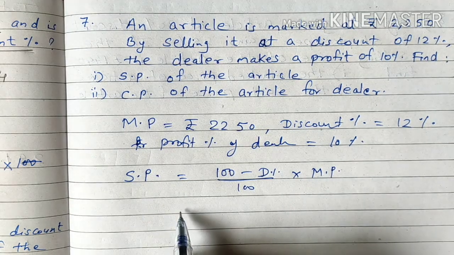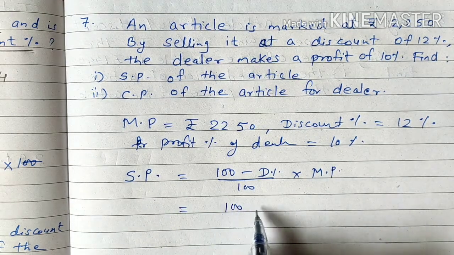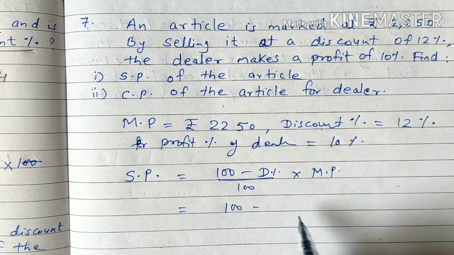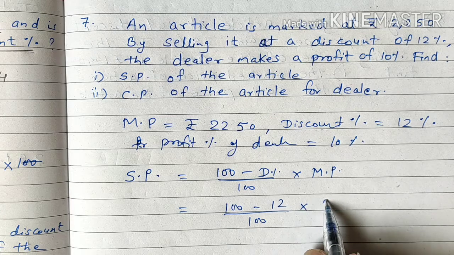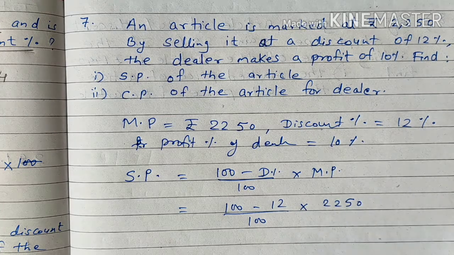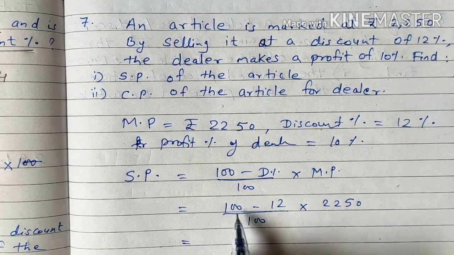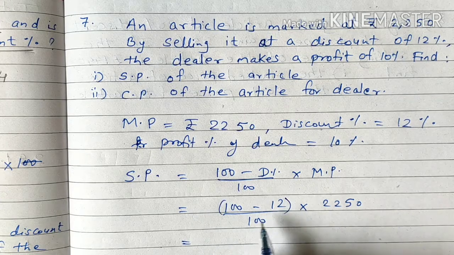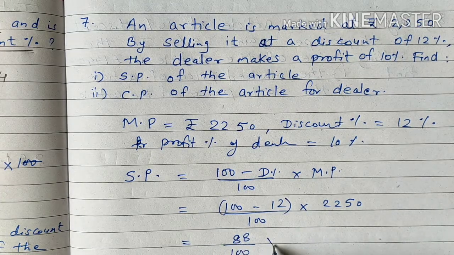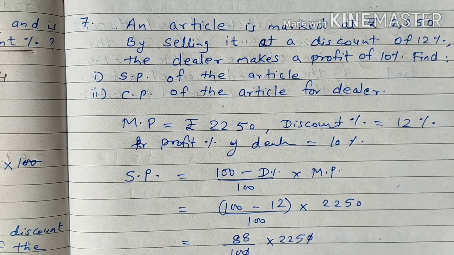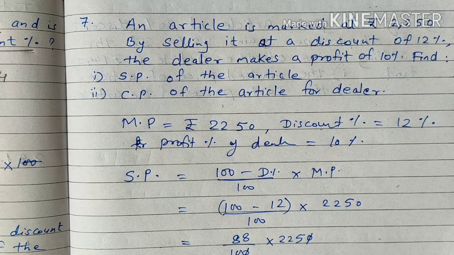So 100 minus the discount percent of 12 upon 100 multiplied by market price. Got it? First we will do the subtraction. It gives us 88 upon 100 multiplied by 2250. The 0s will get cancelled. Correct?